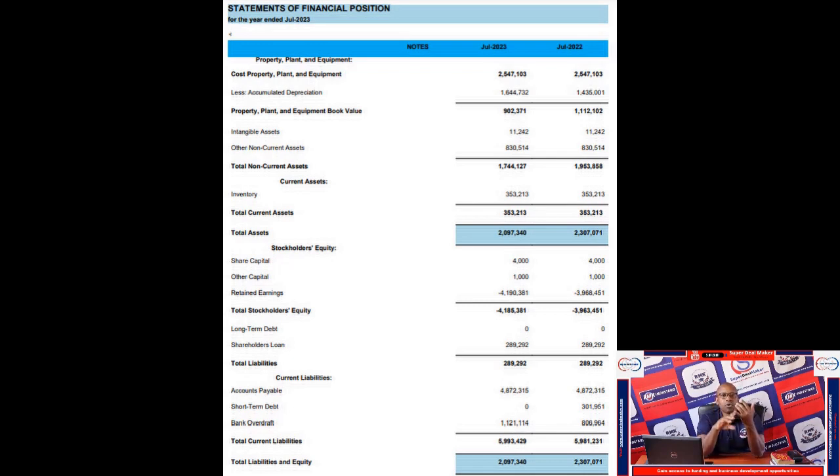Then, as I said, it's your bond, your finance leases, your shareholders loans, or any other loans that the business received that need to be repaid over a long period of time. Those are your non-current or long-term liabilities.